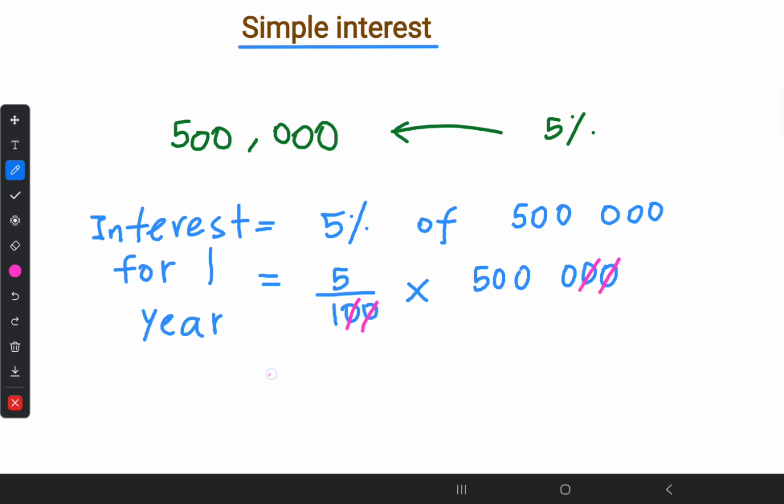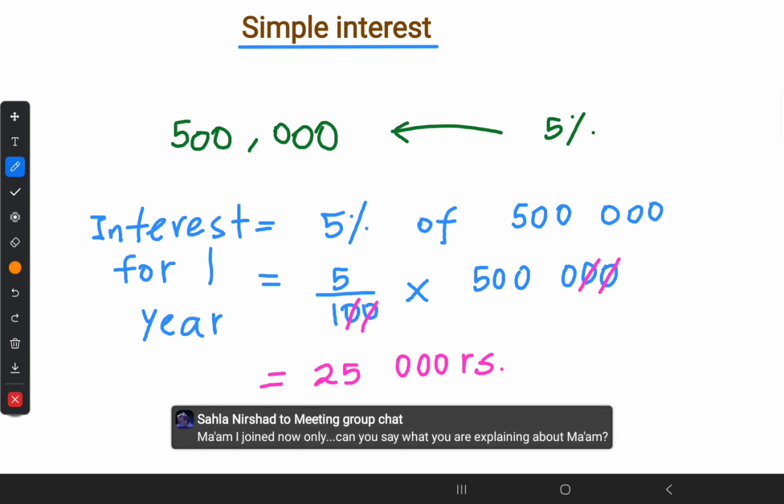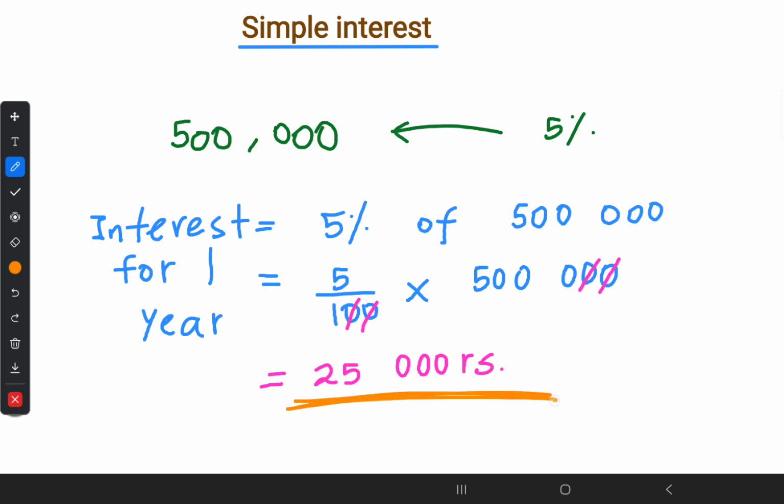Thereafter, 5 times 5,000 would be 25,000 rupees. This is the interest amount we need to settle back to the bank for 1 year. So 25,000 rupees is the interest you need to pay back.